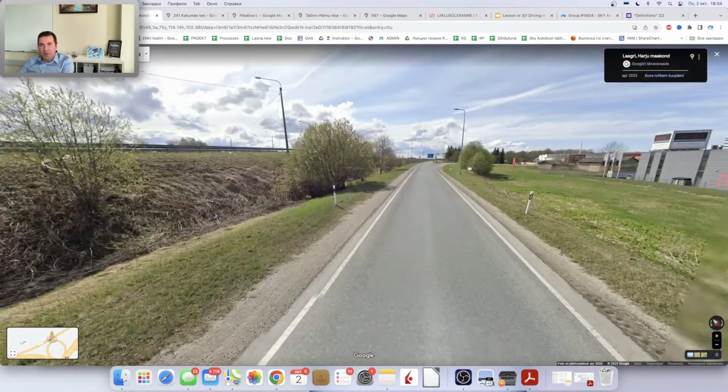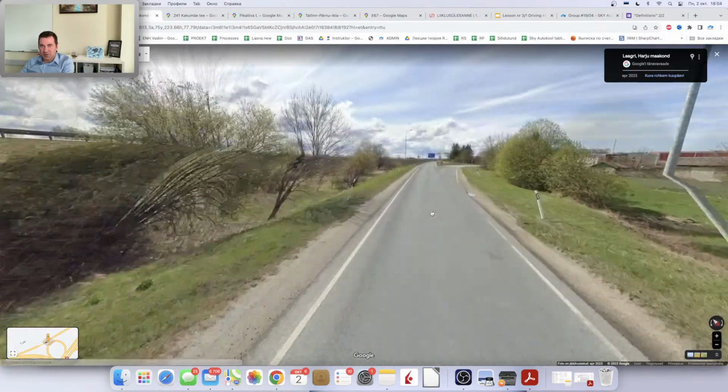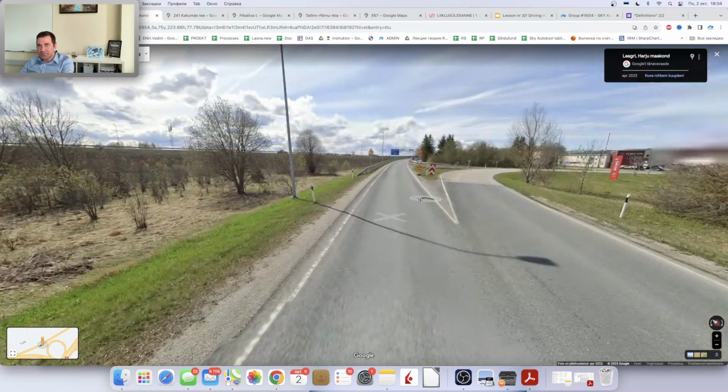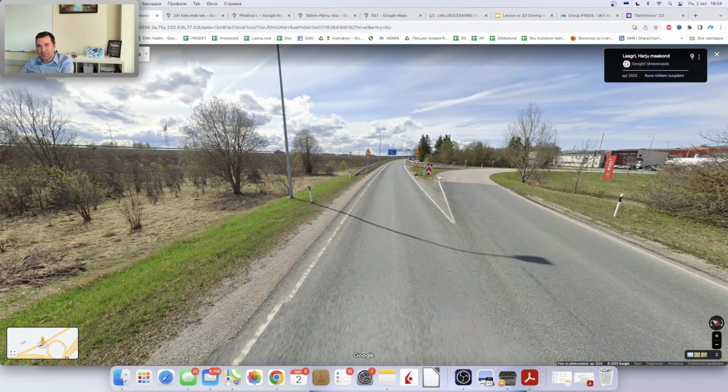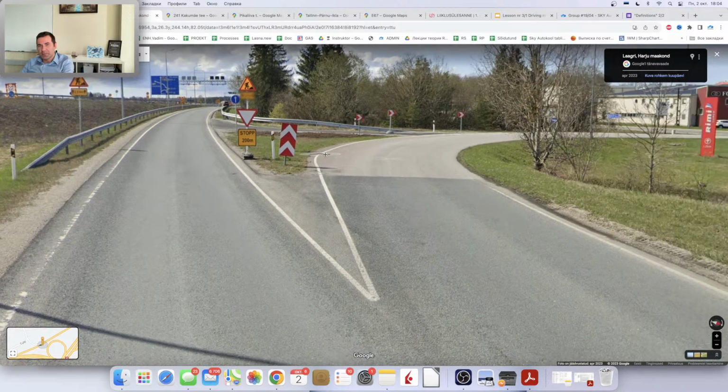We have one lane, and we see that the road is divided into two, so it goes straight and it goes to the right. In the place where it is divided into two, at this traffic island, they put this kind of sign. And does this apply to both the right and the left as well? Yes, in that place it's more advised to slow down even if you go straight.